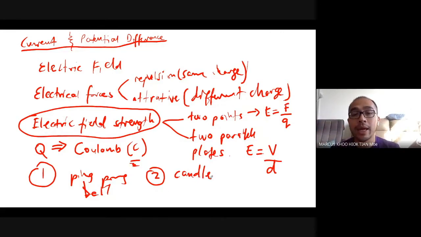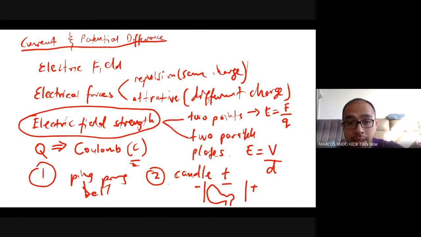When we put a candle in an electric field, with the negative side on one end and the positive side on the other, we find that the flame is bigger towards the negative, whereas towards the positive it is a lot smaller. This proves two important things. Number one, in the candle itself, there are both positive and negative charges.